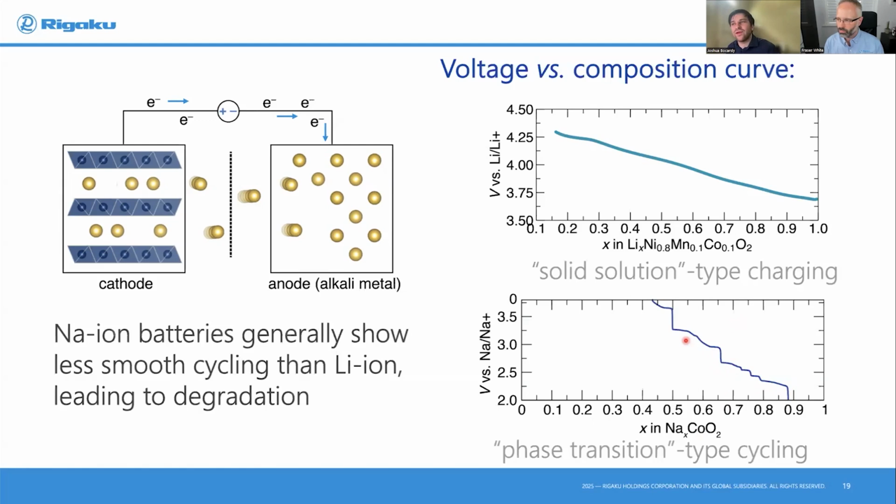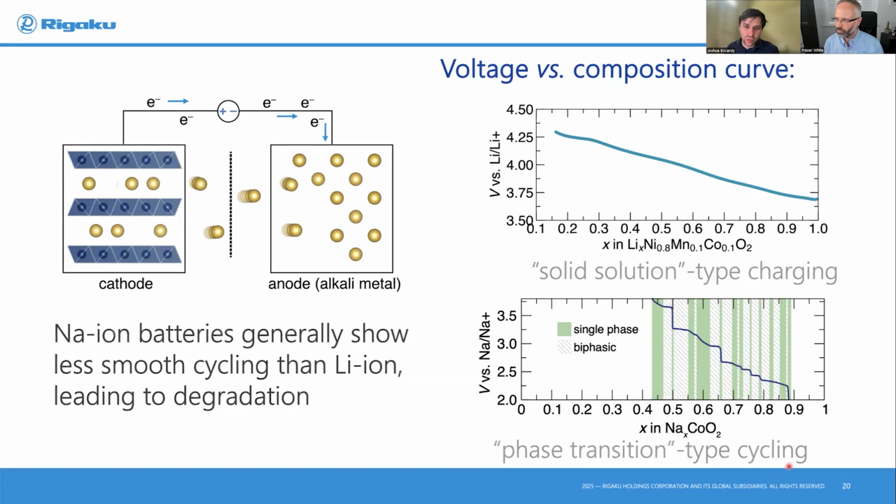For your battery, if you try to do this thousands of times, charging and discharging, this can be a major cause of degradation because you're going through phase transitions that could have small amounts of hysteresis. There could be cracking as there are volume changes, built up strains, dead areas, etc. So it's really common when we're looking at sodium cells, because of the larger size of sodium, to get this steppy phase behavior.